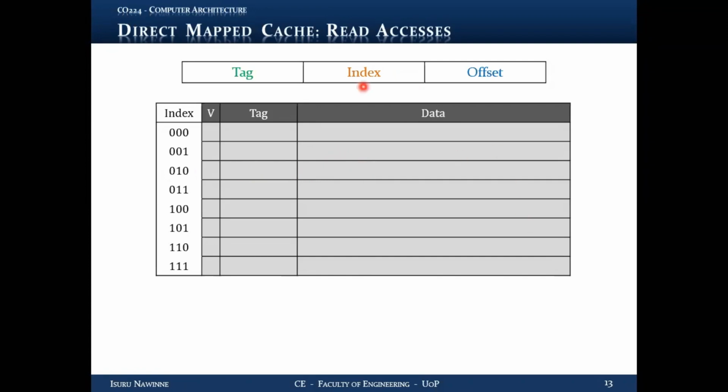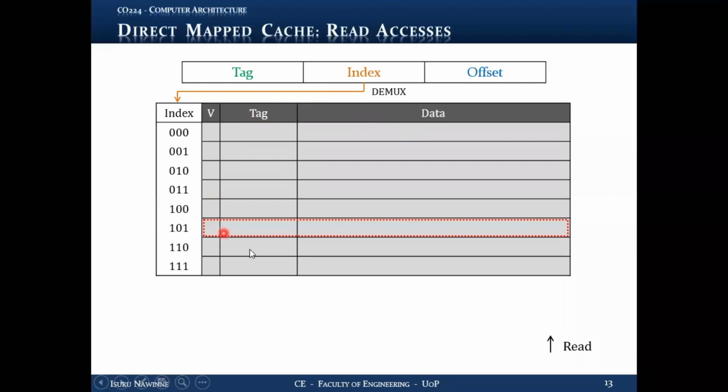When the address comes with the read control signal, because this is a read access we are talking about, the control unit of the cache should look at the index portion. The controller should know which bits are the index portion by design.